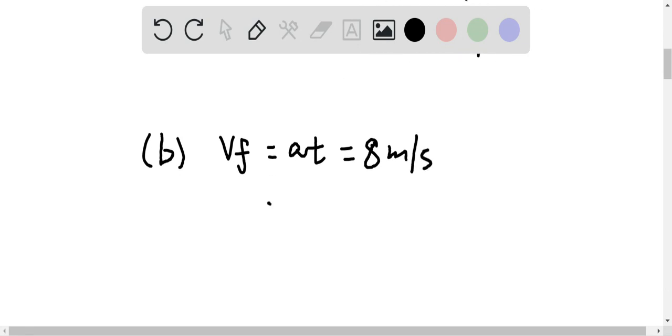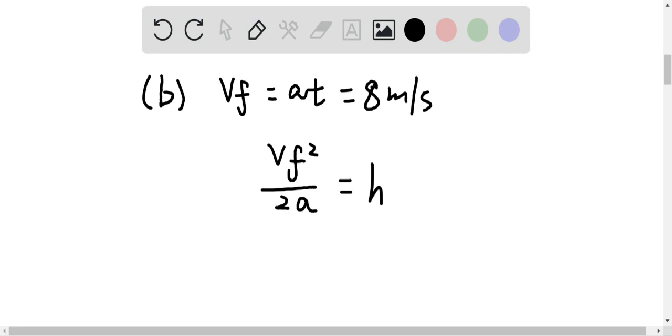And from the last equation, we'll have v final squared over 2a this time. Why is that? Because there's air resistance involved in question B. So the acceleration is the net acceleration due to the air resistance and the gravitational force. And this is also equal to the height h.